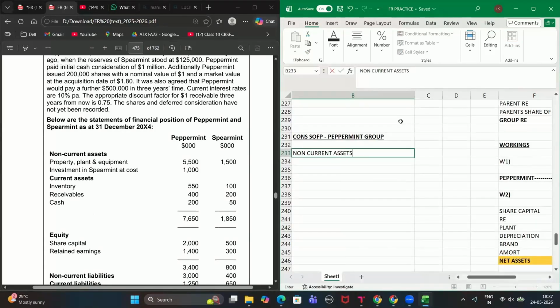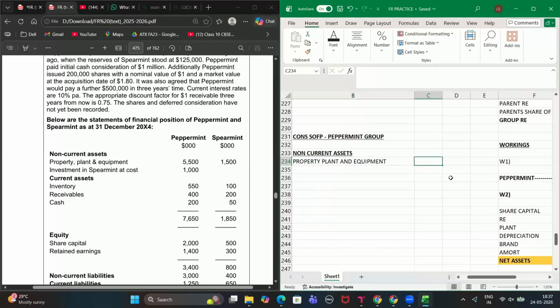What is the first thing that we have to consider here? Property, plant, and equipment, right?